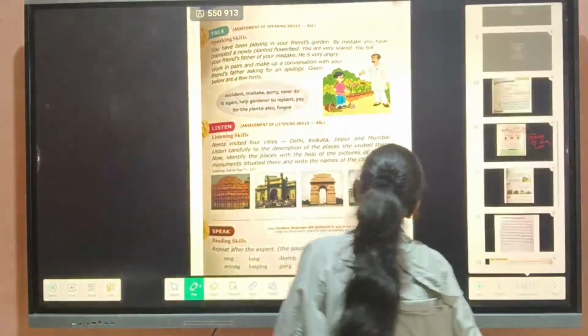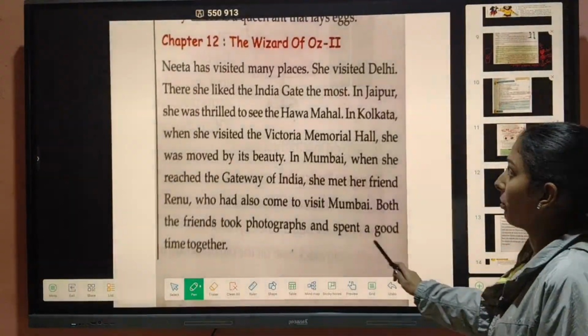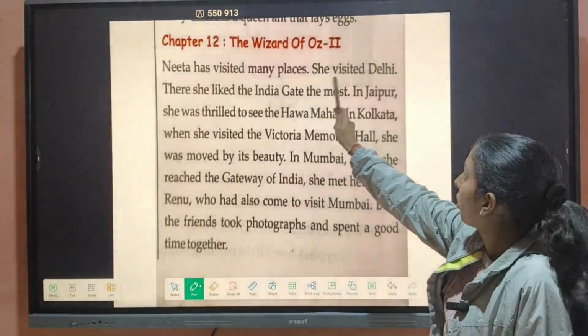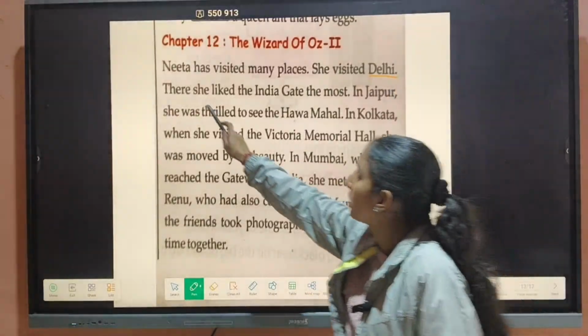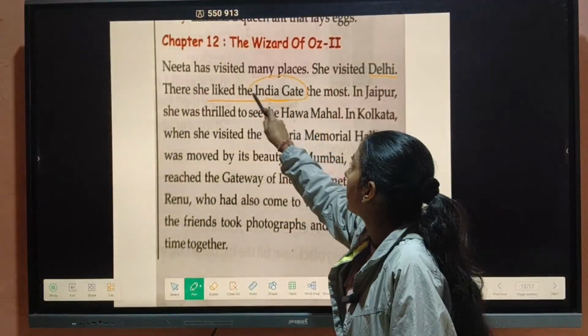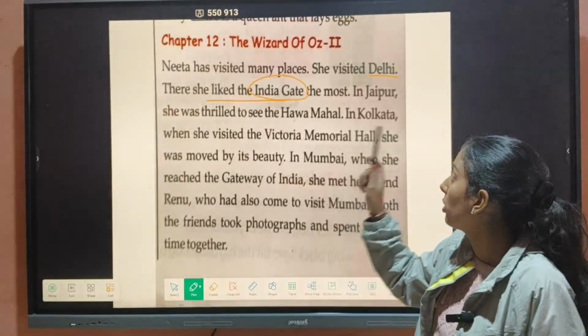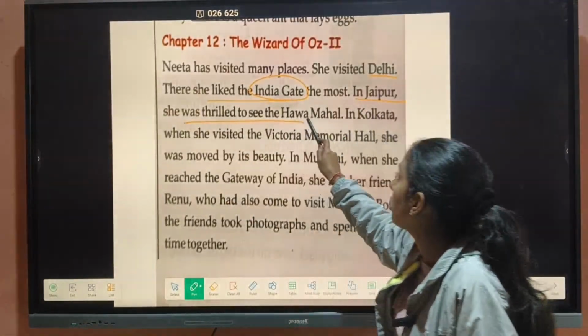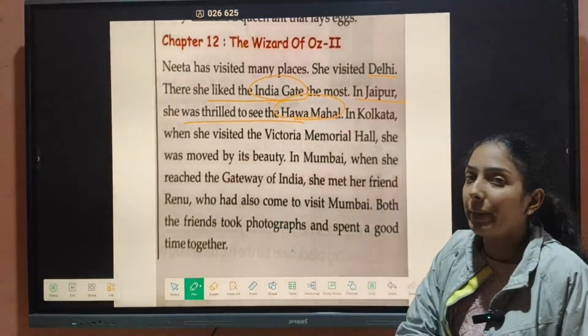Okay, let me take it out. This one, beta. Neeta has visited many places. Okay, she visited Delhi. There she liked the India Gate. What was the famous monument of Delhi? India Gate. In Jaipur, she was thrilled to see Hawa Mahal.